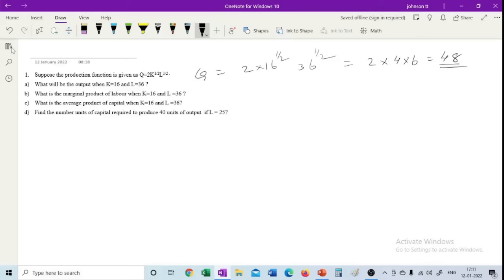So average product of labor is equal to total product, that is 48, divided by the number of units of labor, that is 36.